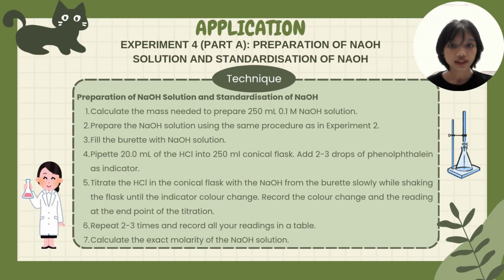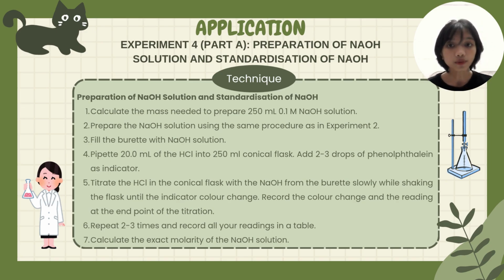This is the technique or procedure used when we did the experiment for preparation of NaOH solution and standardization of NaOH. We calculate the mass needed to prepare 250 ml of 0.1 mol NaOH solution.